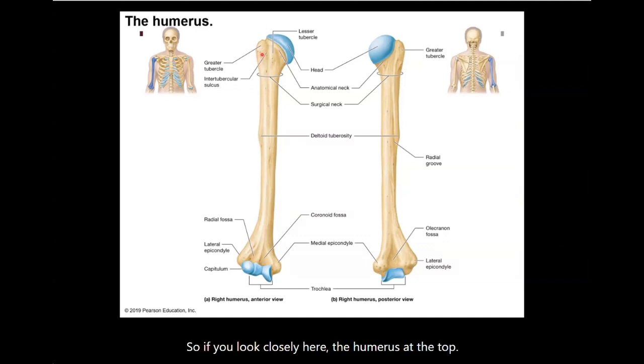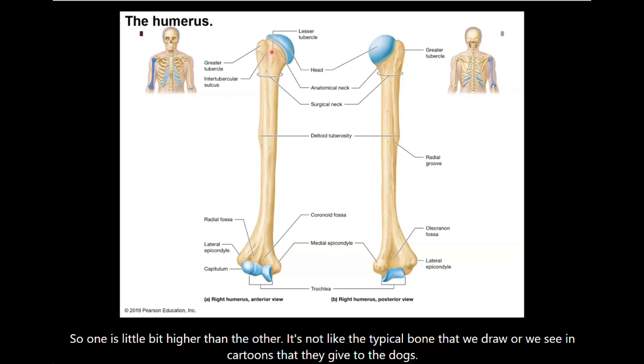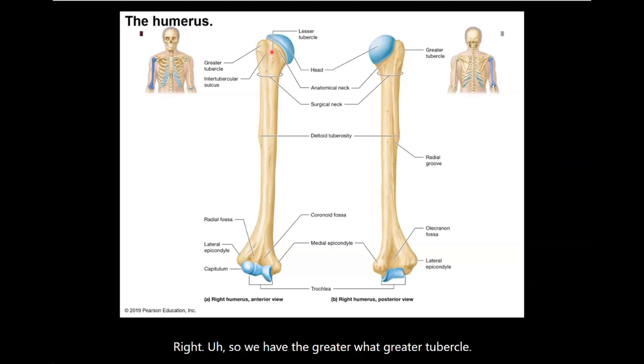So if you look closely here, at the top of the humerus, do you see this part is called the greater tubercle, right? And this side is called the lesser tubercle, okay? So one is a little bit higher than the other. It's not like the typical bone that we draw or see in cartoons that they give to the dogs, right? So we have the greater what?